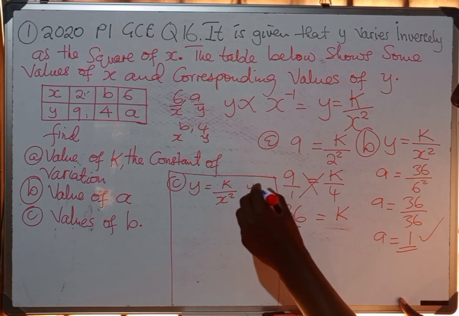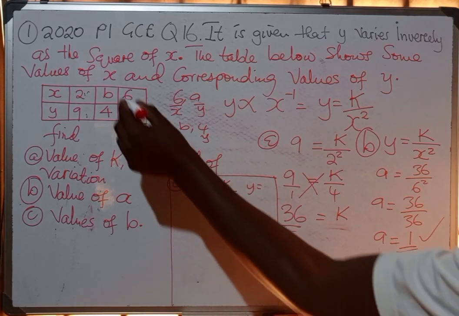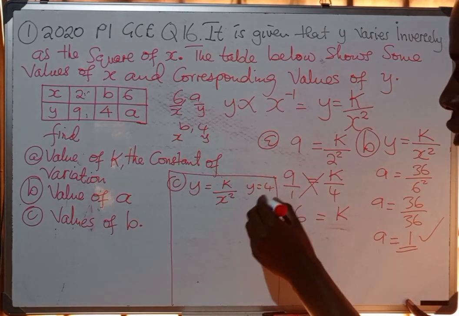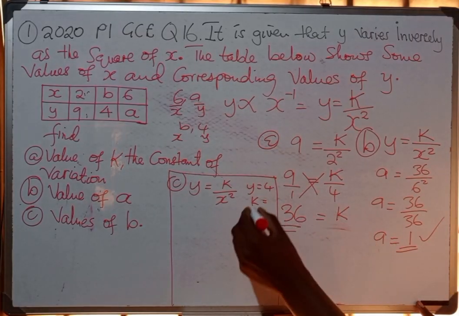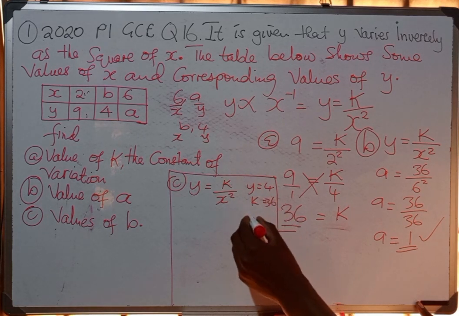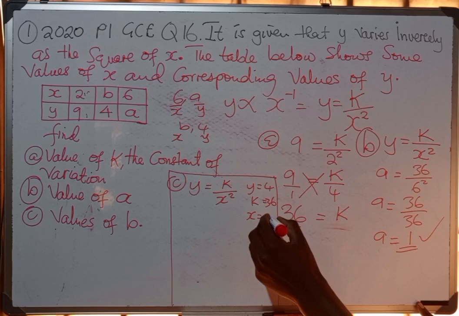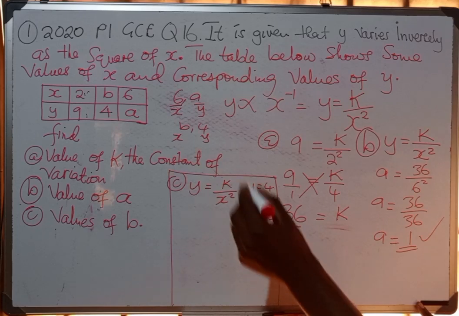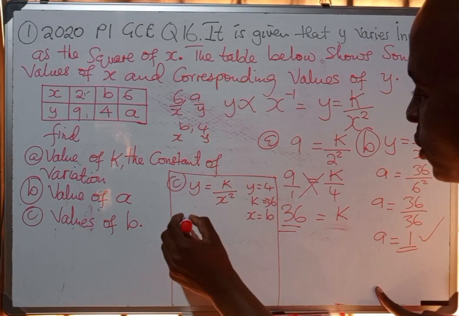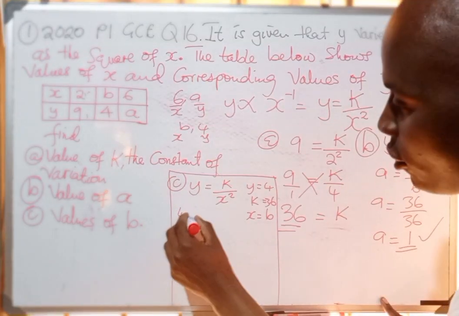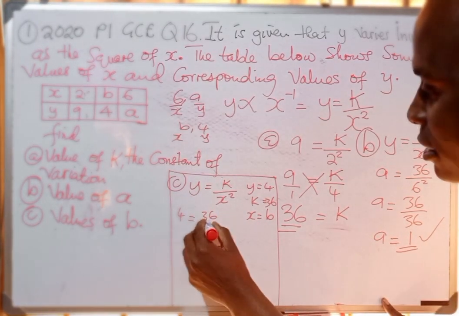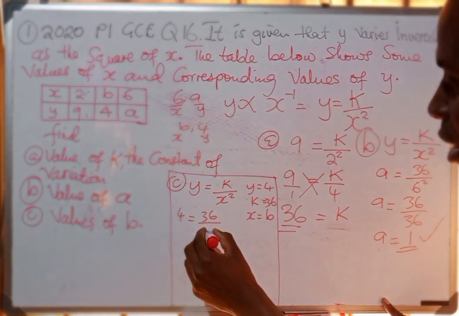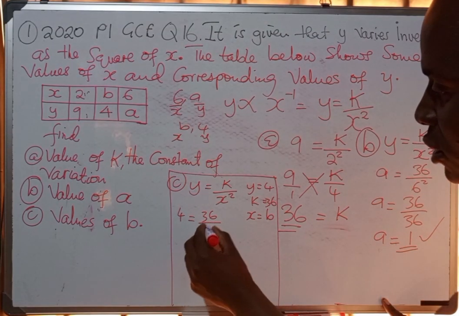The value of y in this case is 4. The k is the constant number, which is 36. Then the x, we are going to replace it with b, because this is what we are finding. So we are going to have 4 is equal to 36 over b squared.